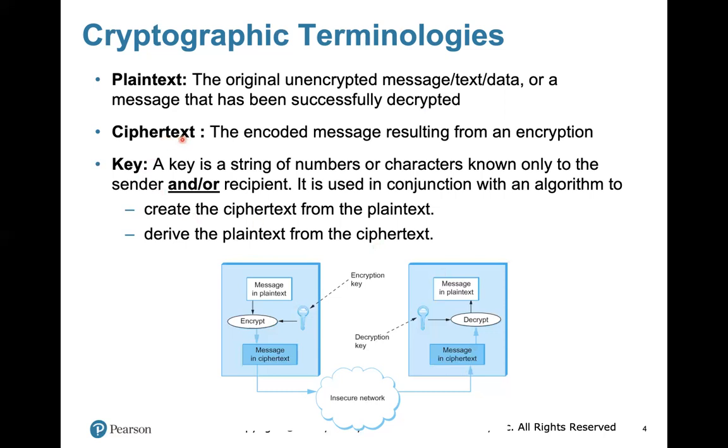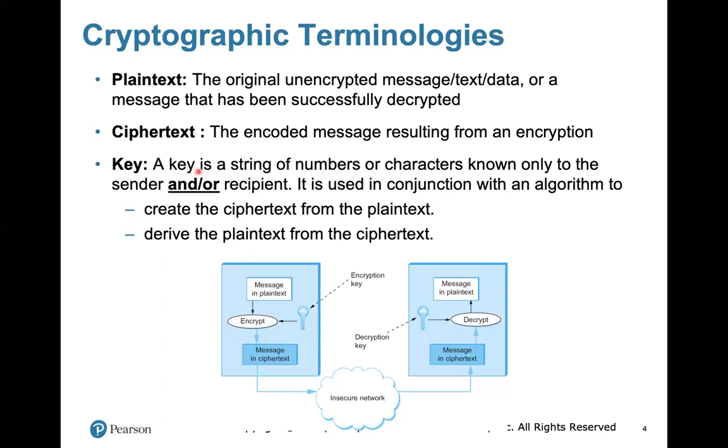We have ciphertext, which is of course the encoded version or the encrypted version of the message or the data or the plain text, let's say. And one important parameter that we have in almost all of the encryption algorithms is called key.